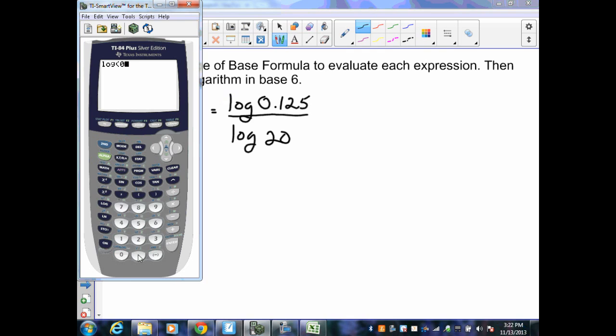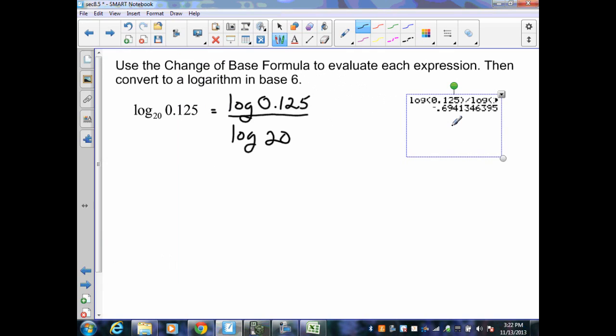Log 0.125 divided by the log of 20. And that will give me a value of approximately negative 0.6941.